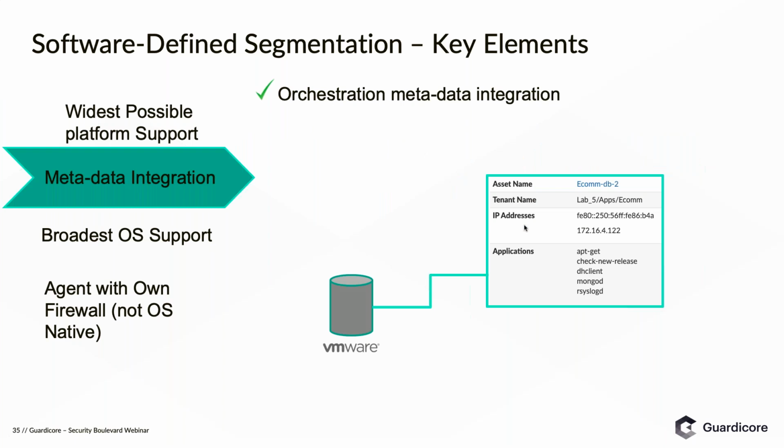And more than just covering these operating systems, you need to be able to grab the orchestration metadata, and this must be integrated. In other words, it shouldn't be a manual process. For example, if I have an object in VMware, I should be able to pull up its asset name, its tenant name, what host it's on, what folder, all the information I need about it.